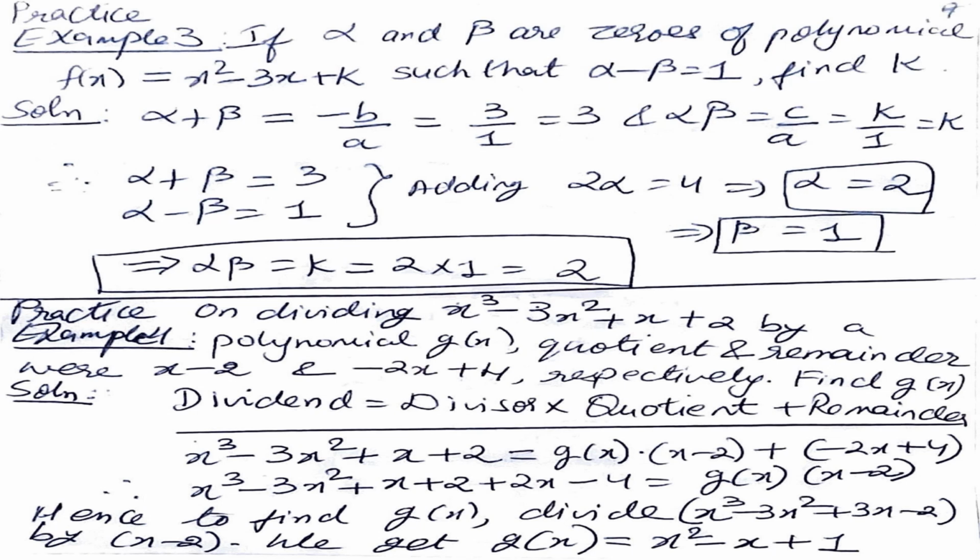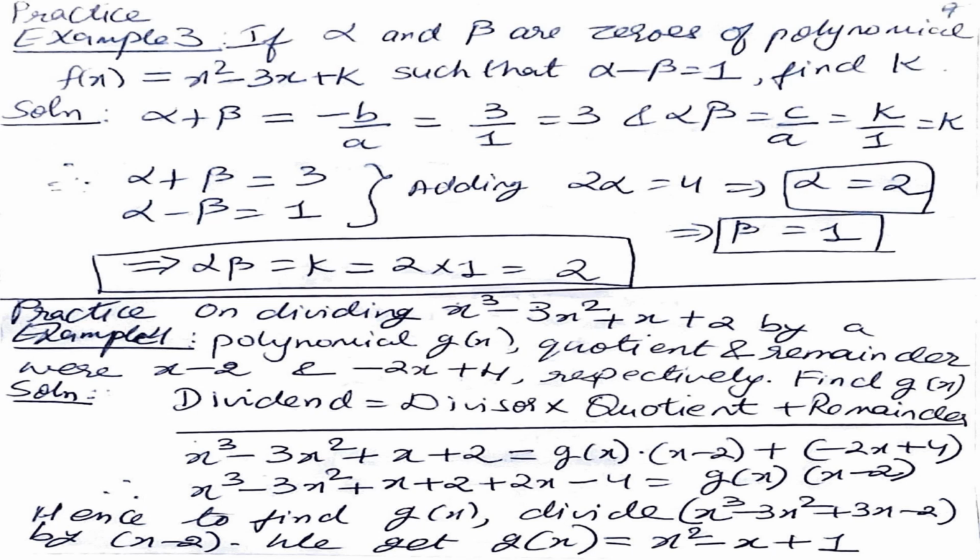And alpha into beta is given by the constant term c upon a, which is k upon 1, which is equal to k. Now alpha plus beta is 3 and it is given alpha minus beta is 1. So adding both of these equations, we get the value of alpha as 2. Substituting, we get the value of beta as 1. Now alpha into beta is k, which is equal to 2 into 1 or 2. So we have k is equal to 2.